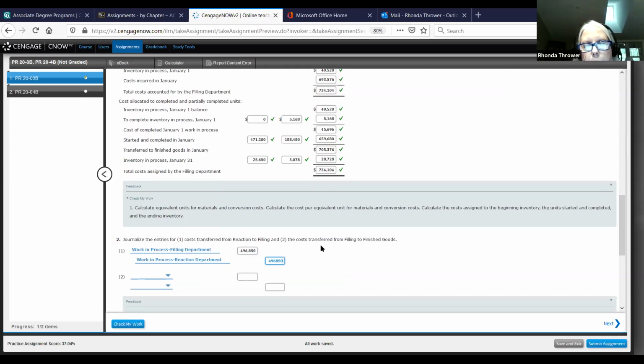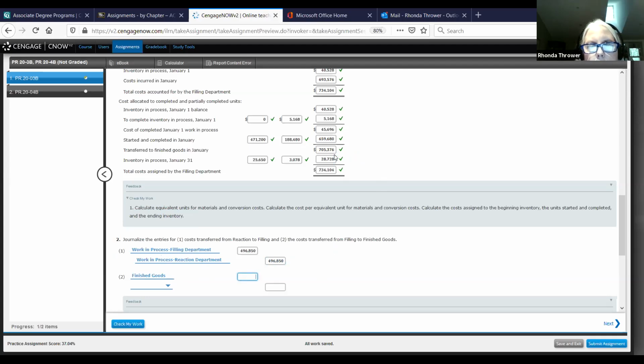And the second part was we're transferring the cost from filling to finished goods. So we're going to debit finished goods for the transferred amount. Do you see where the transferred amount is in this cost of production report?